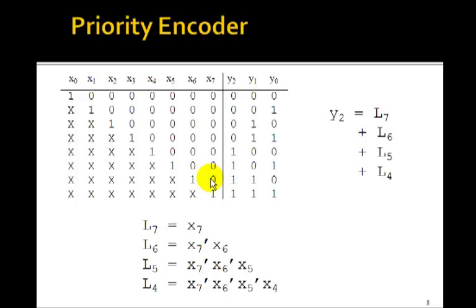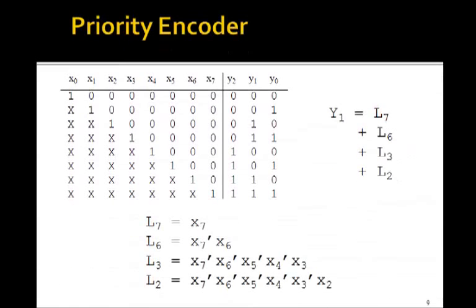This must be 0 now. So we say not x7 and x6. Similarly, L5 is 1 if x5 is 1 and x6 and x7 are 0. So this is not x7 and not x6 and x5, and L4 is not x7 and not x6 and not x5 and x4. So that would be the logic equation for y2.